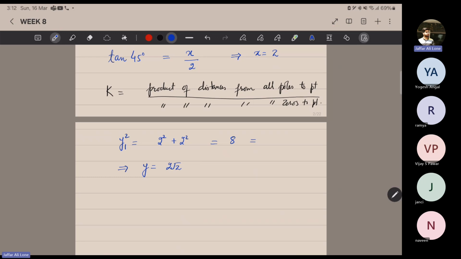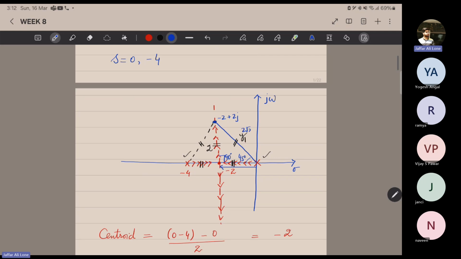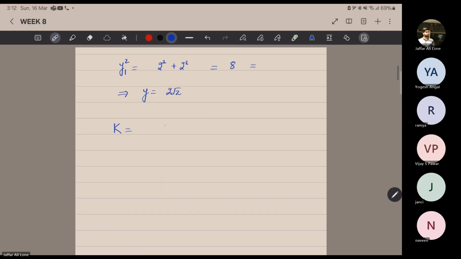So this part is 2 root 2, and similarly this part is also 2 root 2. There is no zero, so that distance is 1. So my k will be 2 root 2 into 2 root 2 divided by 1, which is 4 into 2, 8. So my gain k is 8.